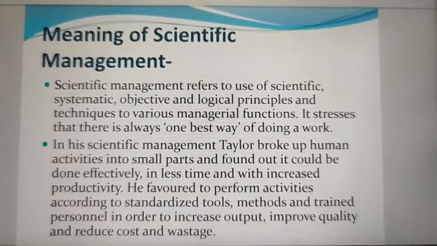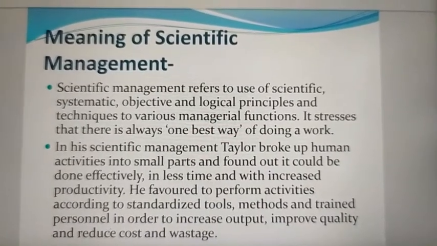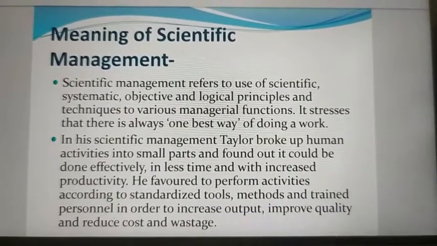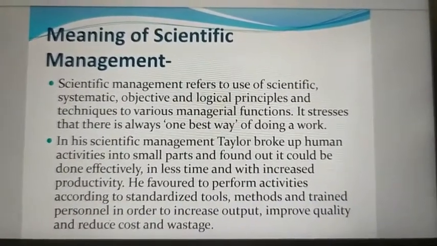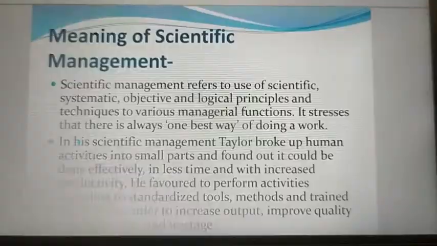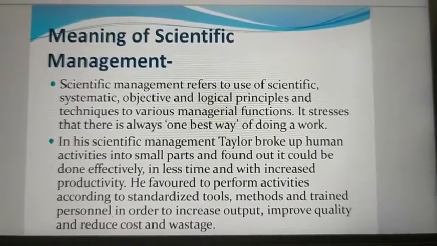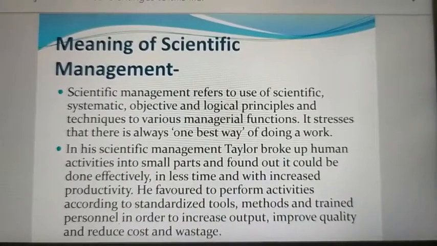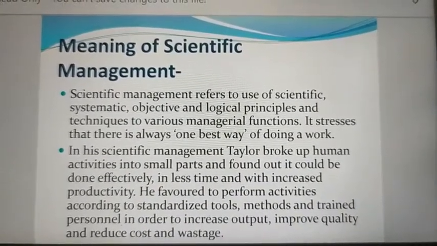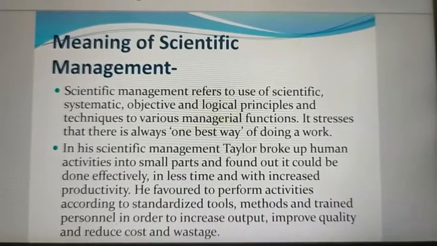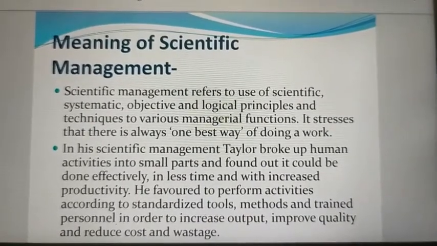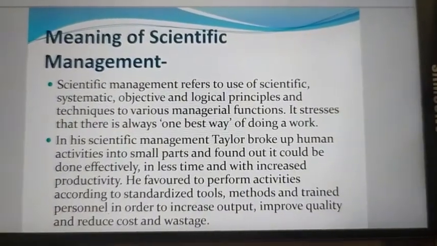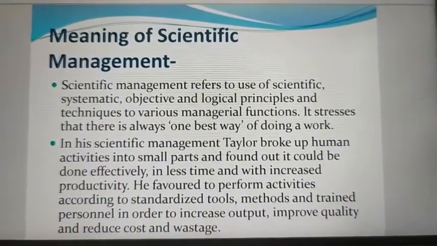So he stresses that there should be always one best way of doing a work, and to find out that way certain methods and techniques should be evolved through research work, analysis and judging the technique in every possible way. All this will increase the output, it will improve the quality of work and also will reduce the cost, and there will be no wastage of resources.